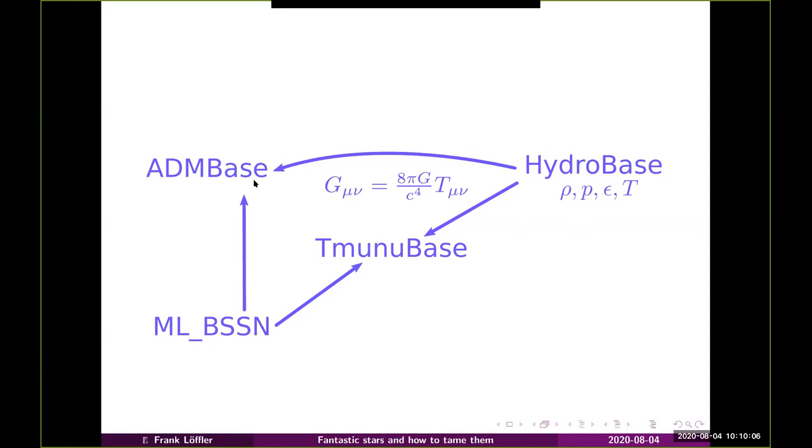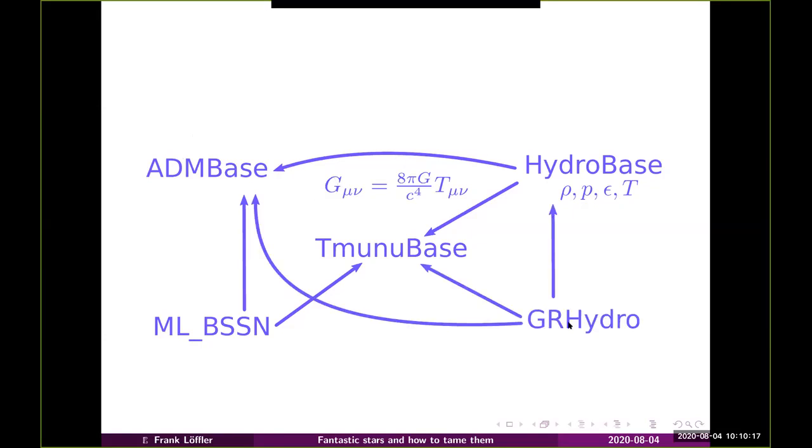And ADM base is used for hydro base because in order to get from one variable to the other, you sometimes just need to have the curvature, for instance. Then if you want to have a matter evolution, you obviously need to interface with ADM base because the matter evolution happens in this curved space-time, so you need to know about the space-time. Then the matter evolution also provides T mu nu, or can provide that, and it will also populate those hydro base variables.